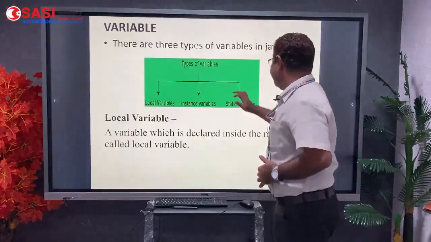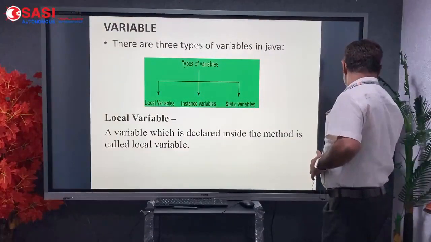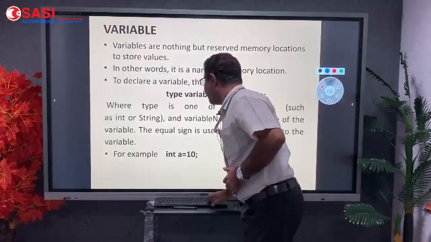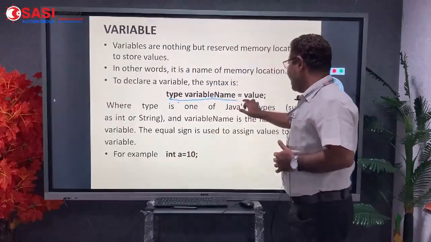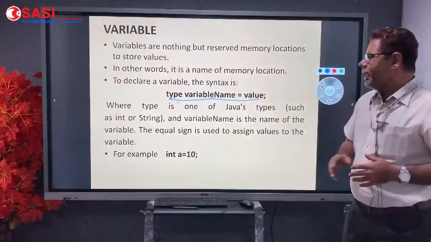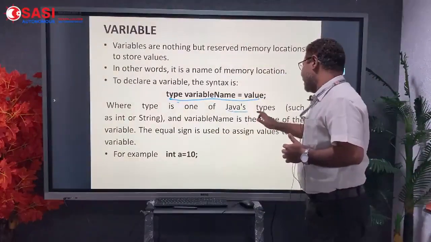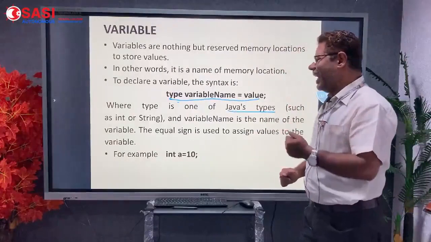The syntax is: type variable name equal to value. Here the type specifies the data type. We have different data types, which we can discuss later.